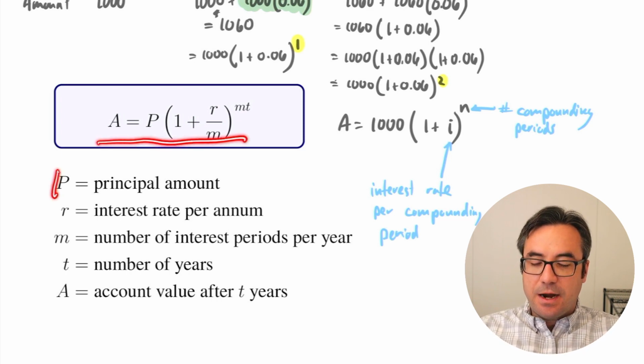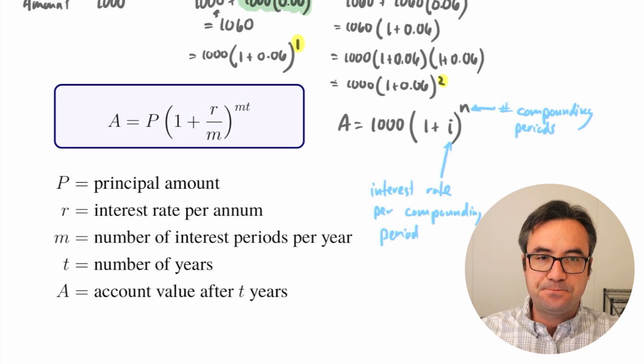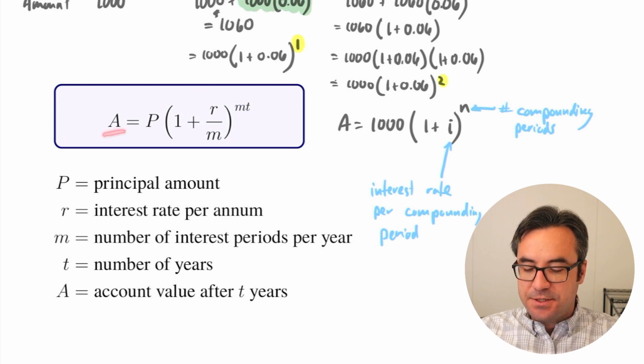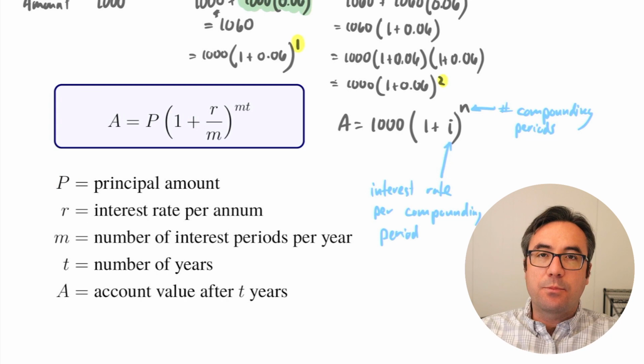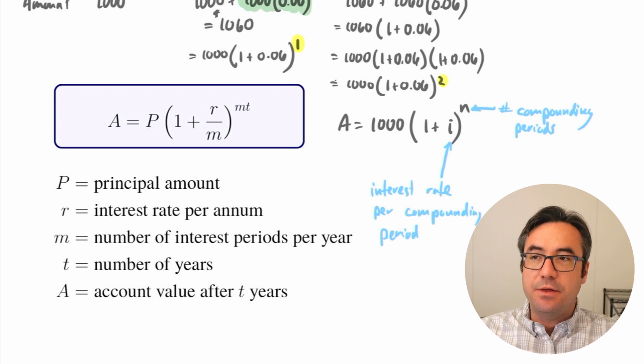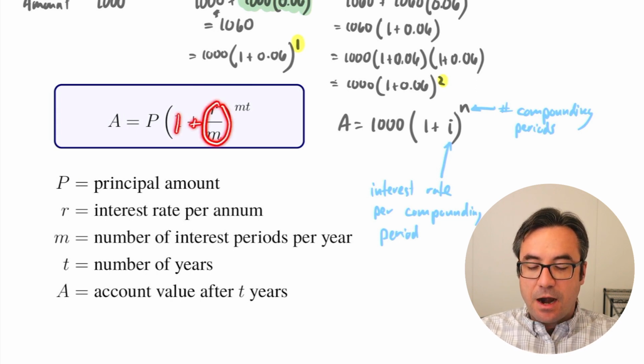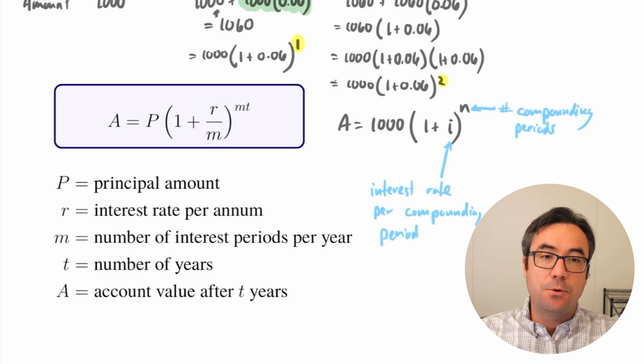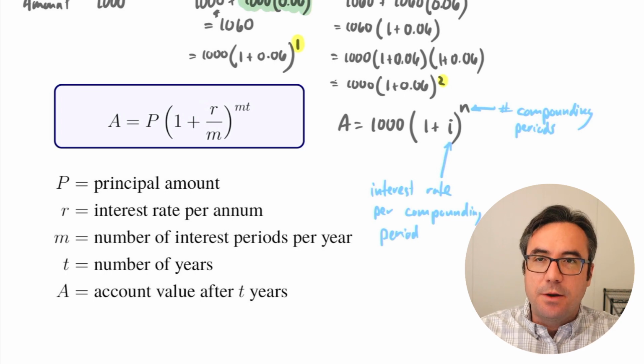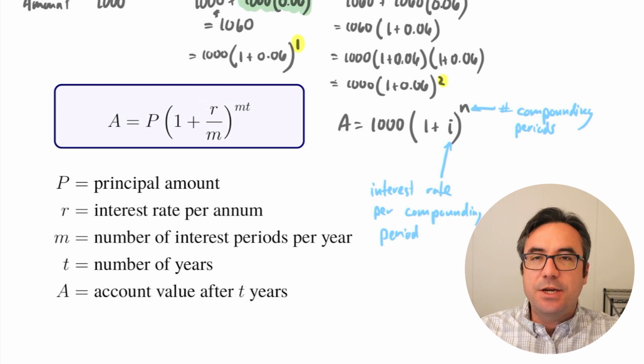This is going to be our compound interest formula. The account balance is going to be equal to our principal amount. That's what we start with. And then all of this has to do with the interest payments that we receive. So we're going to have 1 plus R, where R is our interest rate per annum. This is how it's normally going to be given. We just want to make sure we write that as a decimal.